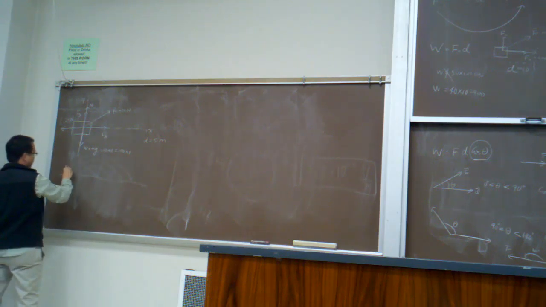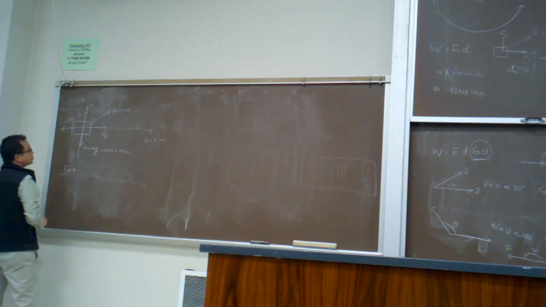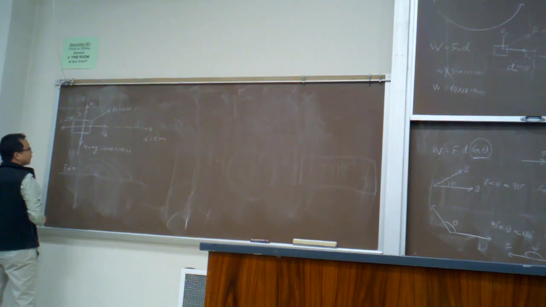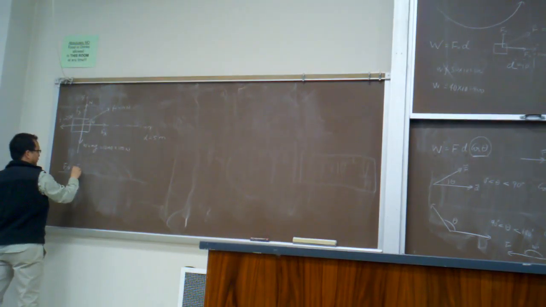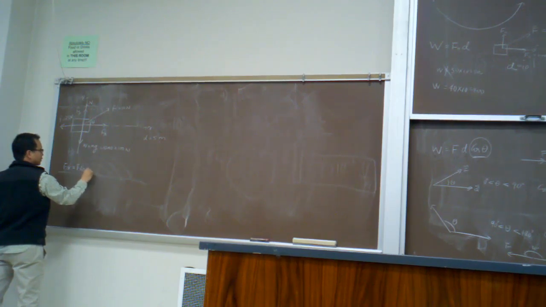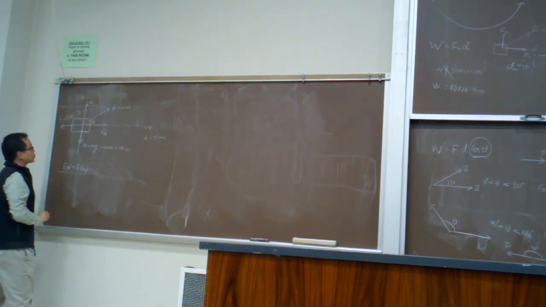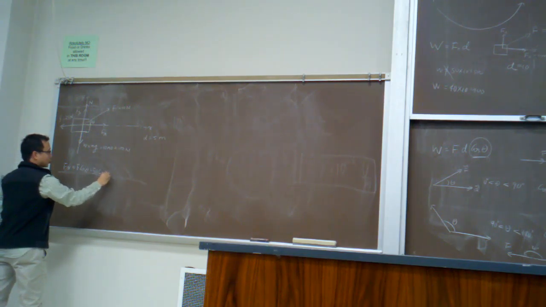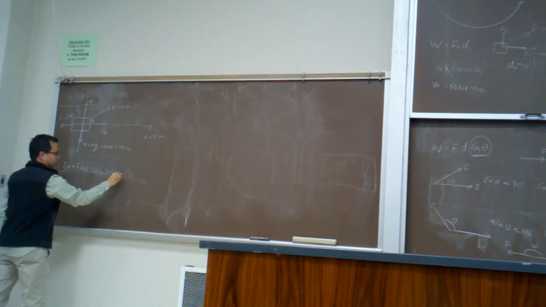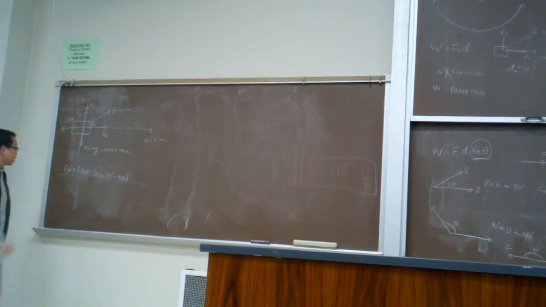Okay, so Fx equals F multiplied by cosine theta. If you put in the numbers, you will see that it equals 50 multiplied by cosine 36.9, which is 40 Newton, right?